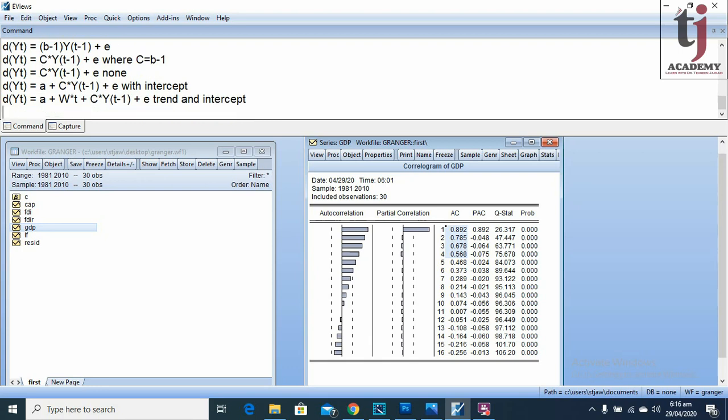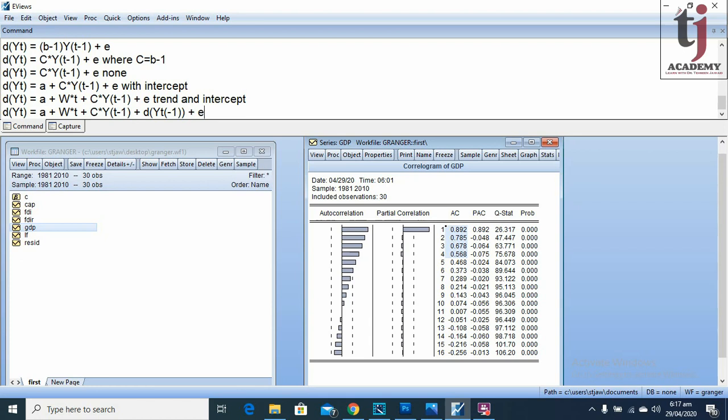After this, if we increase the model fitness by adding the lag value of the dependent variable, like this, d yt minus 1, this is the lag of delta yt or dyt, plus error term.